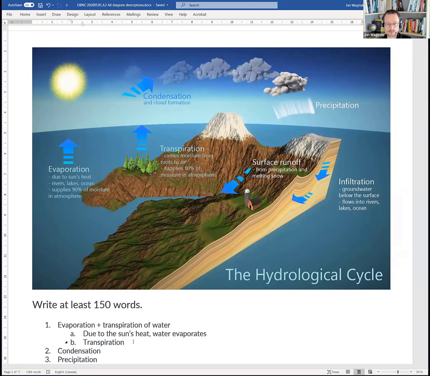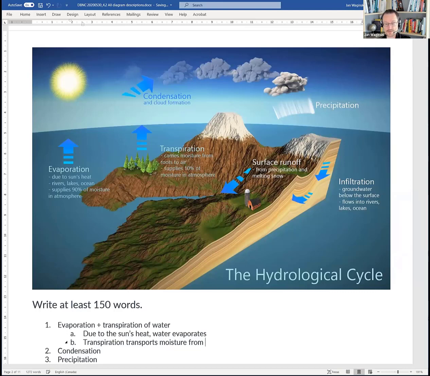Transpiration takes moisture. Can we say transports? Okay, transports moisture from the trees. Well, it's from roots to air, right?